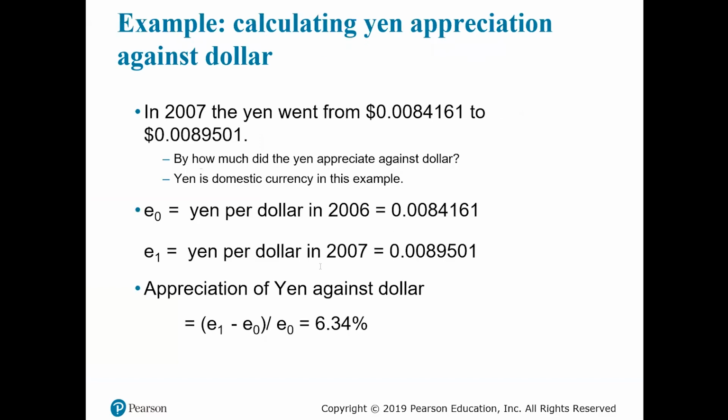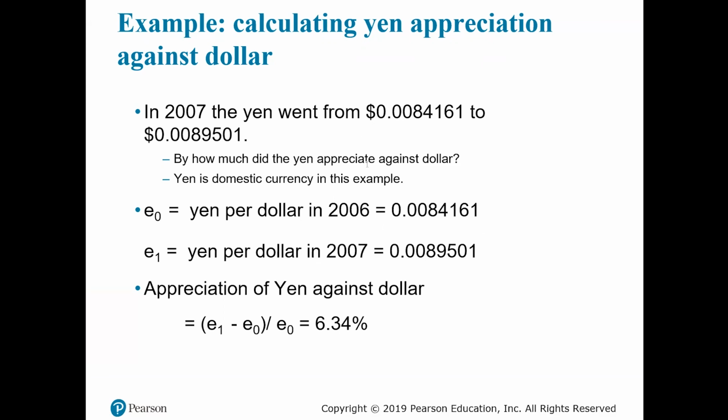Here is an example. Say in 2007, the yen went from 0.0084 to 0.0089. By how much did the yen appreciate against the dollar? If you look at this example, with 1 yen, you could have bought 0.0084 US dollar. Now you can buy more US dollar, 0.0089.